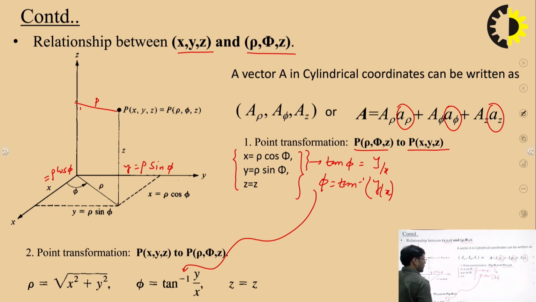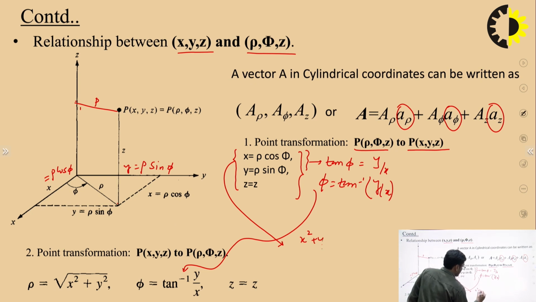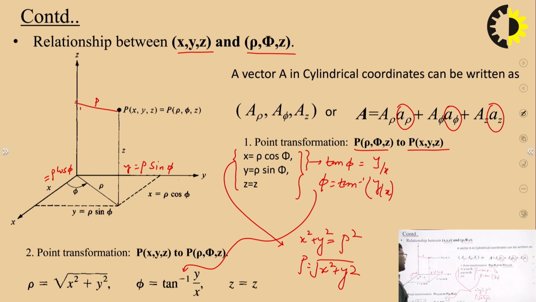And if I take the square, x square plus y square is equal to rho square, and rho is equal to the square root of x square plus y square. This is the radius of the cylinder in terms of the Cartesian coordinate system, right.